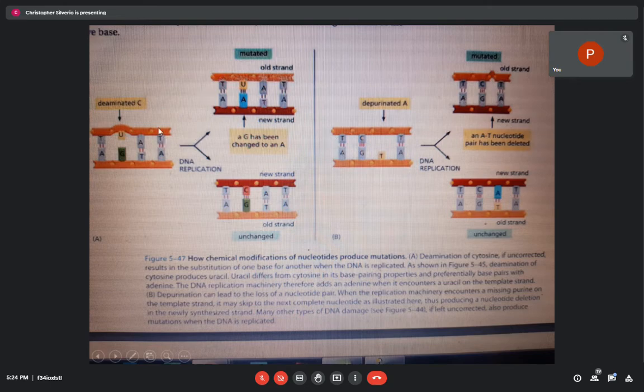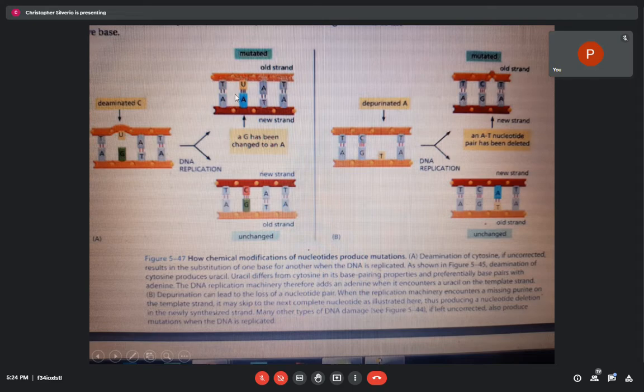So this is the old strand containing the uracil, and this is the old strand containing the normal nucleotides or DNA.